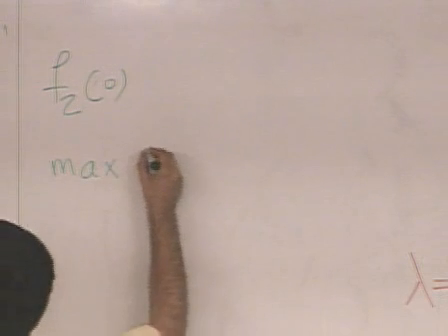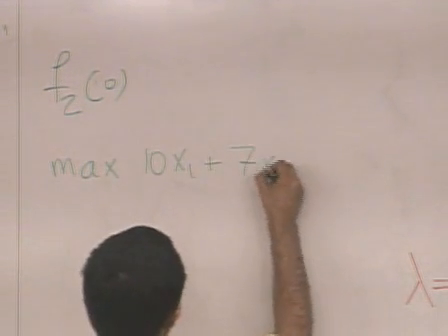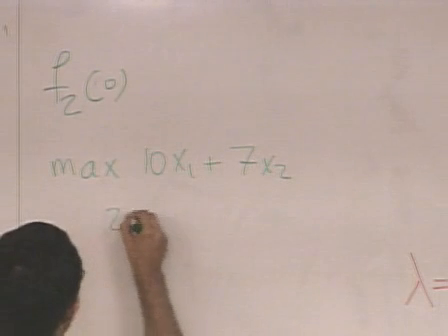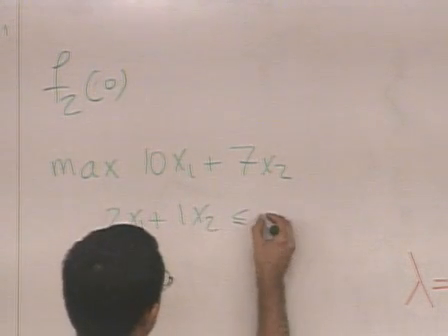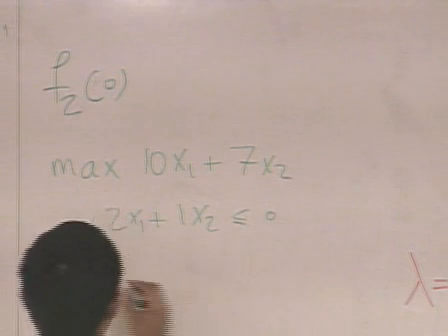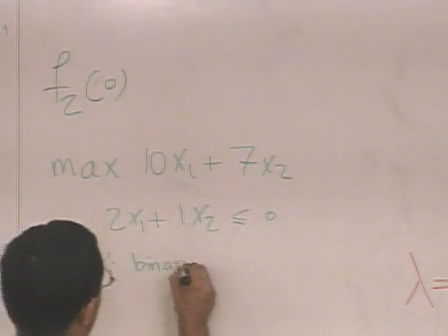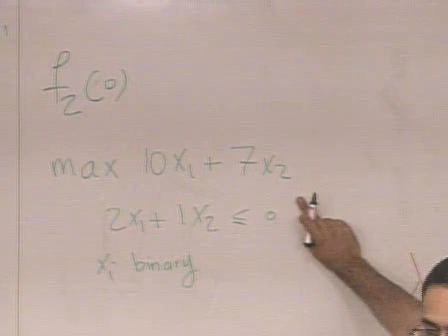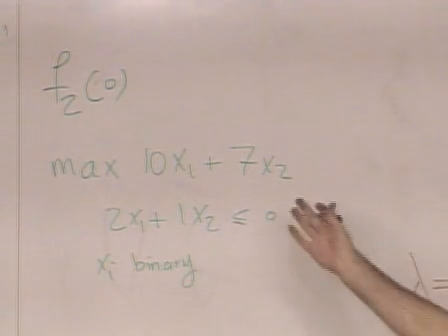maximize 10x1 plus 7x2, subject to 2x1 plus 1x2 less than or equal to 0, given xi binary. So when I'm going to solve this one, just looking at F2, I would say don't put it there.